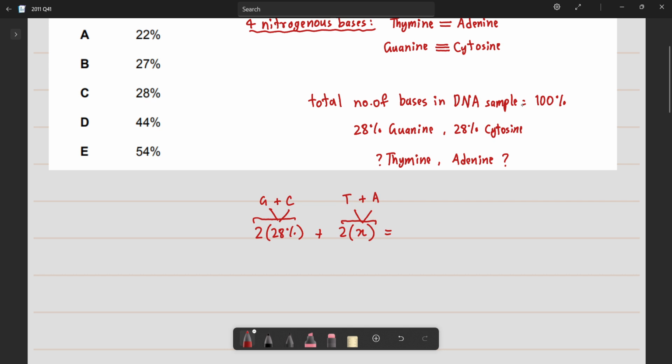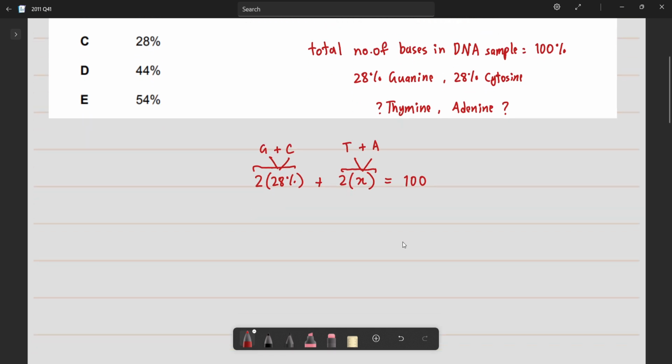As I've assumed that 100% is the total percentage of bases in the DNA sample, I'll equate it to 100%.